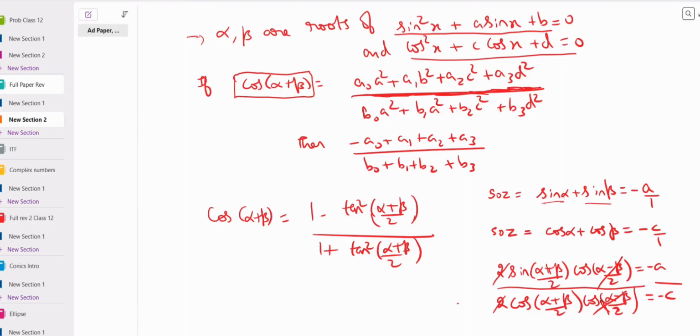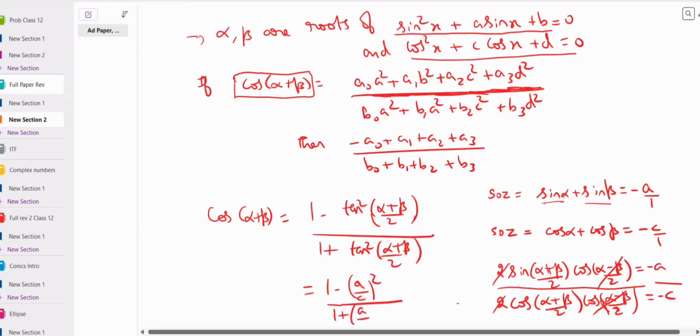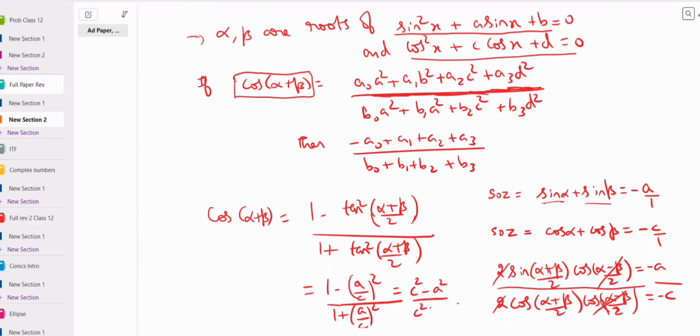So tan((α+β)/2) = a/c. Substituting that here, we get (1 − (a/c)²)/(1 + (a/c)²). Now you can compare this to the question format.